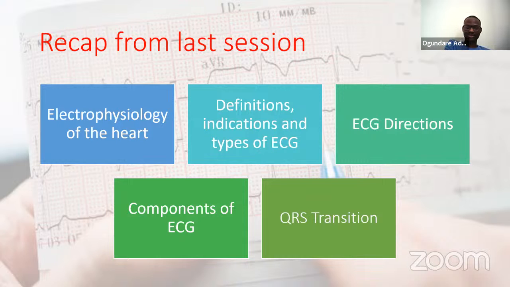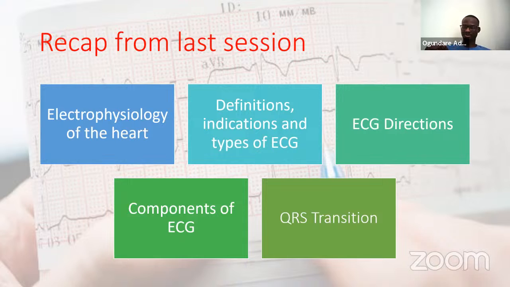So we talked about QRS transition, and I told us how QRS should start negative from V1, then gradually becoming positive towards V6, and that's the QRS transition. I explained why as well, and that's closely related to the direction of the ECG that we described, because V1 is closer to the point of activation.